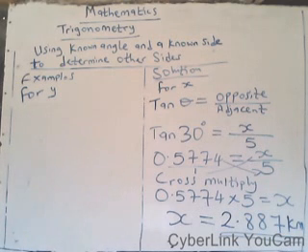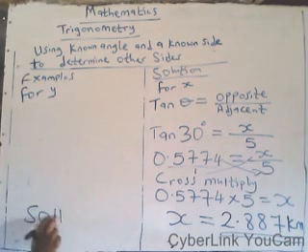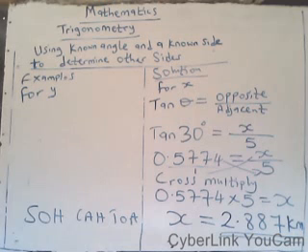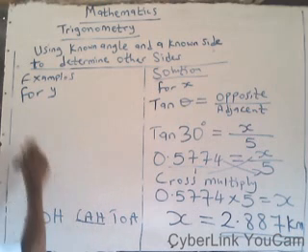Because from the triangle given, we are given the adjacent to be 5 kilometer and our hypotenuse is y. From SOHCAHTOA, what combines hypotenuse and adjacent? That is cos.